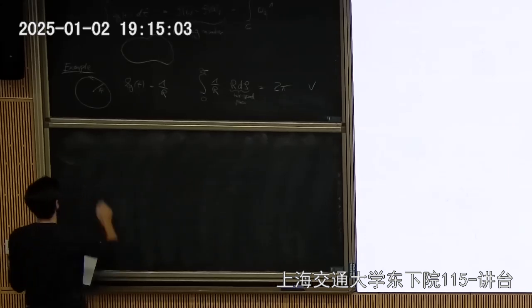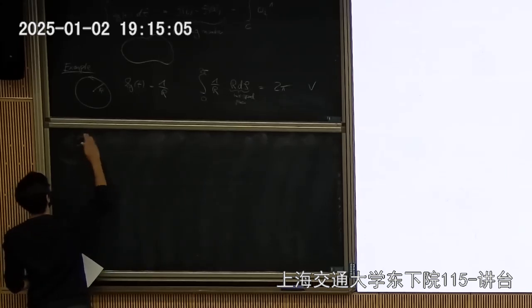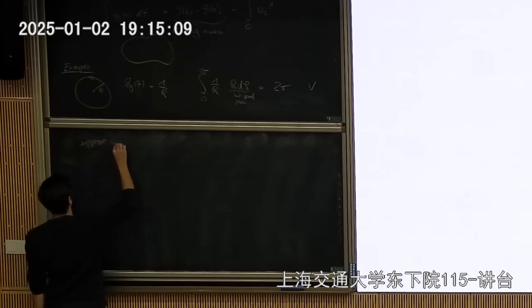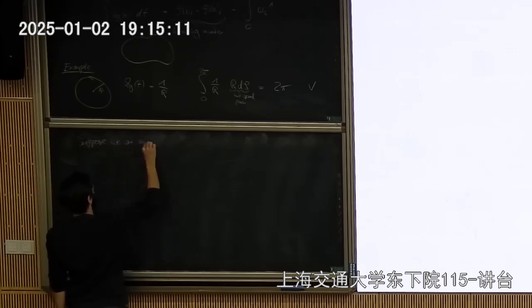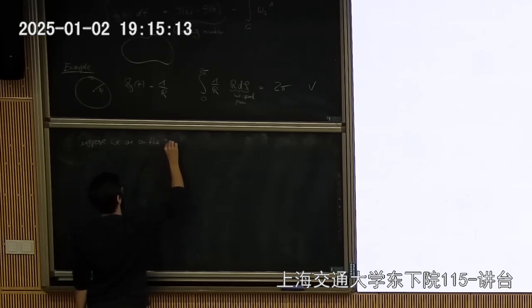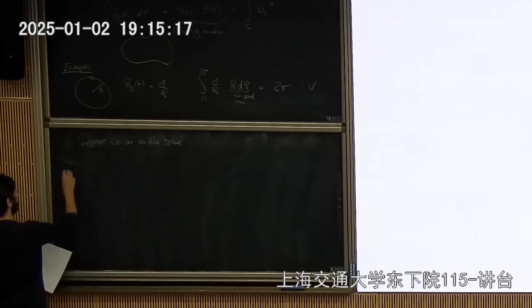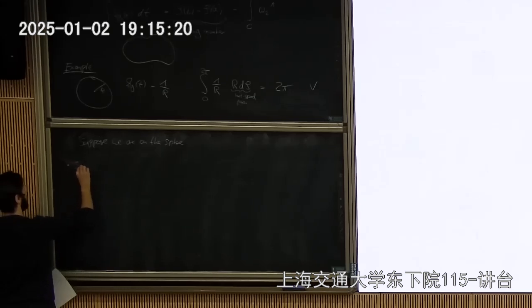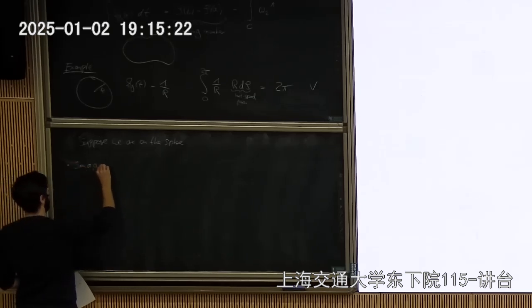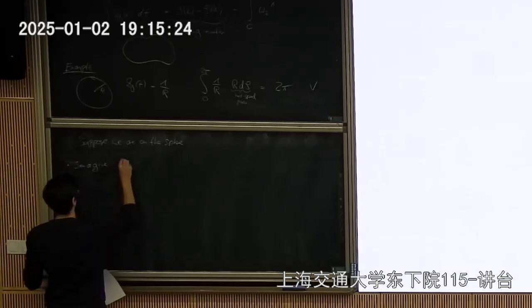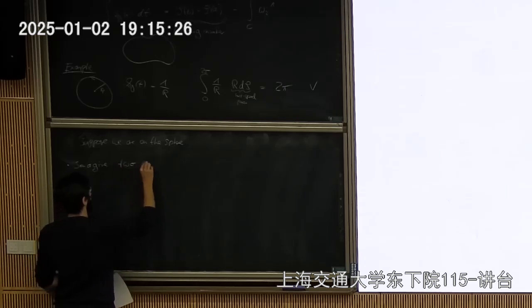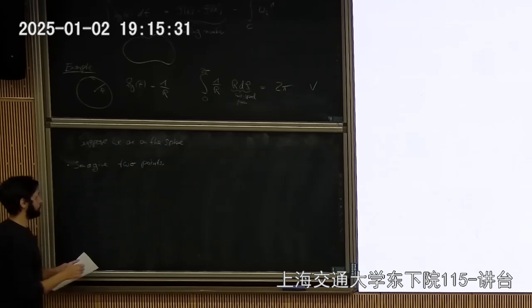So suppose you're on a sphere, and suppose you have two points, and they are connected by two edges.